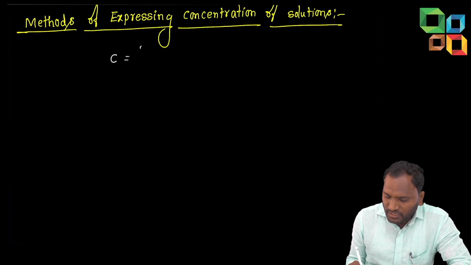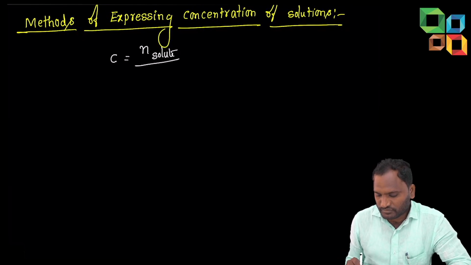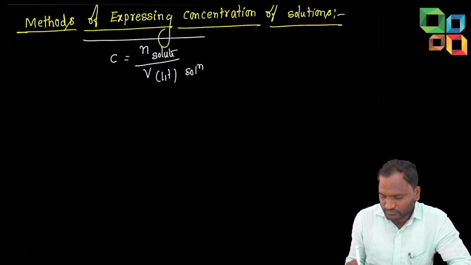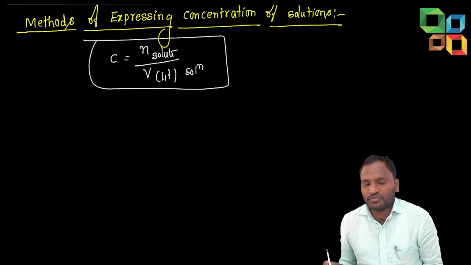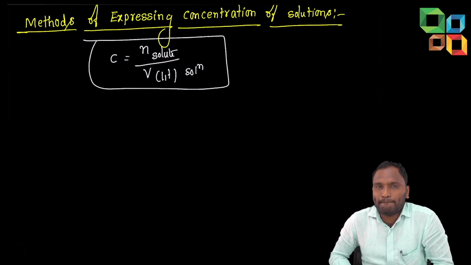Concentration is nothing but the number of moles of solute present in 1 liter of solution. Not only this method, we have different methods: mass percentage, volume percentage, molarity, normality, mole fraction, ppm, parts per million.